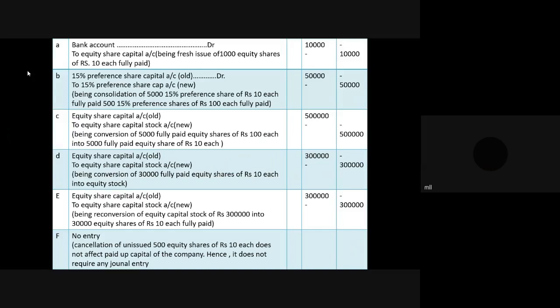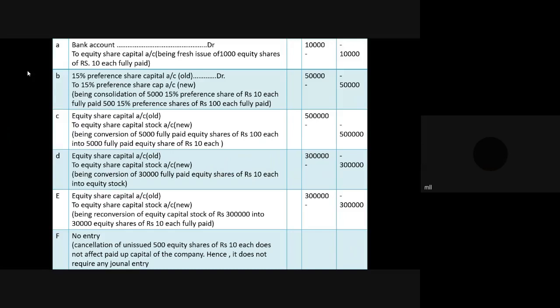Here, equity stock account old debit rupees 3 lakh to equity share capital account new rupees 3 lakh, being conversion of equity stock of rupees 3 lakh into equity shares of rupees 10 each. Here also the share denominations change, 3 lakh into 30,000 equity shares of rupees 10 denomination.